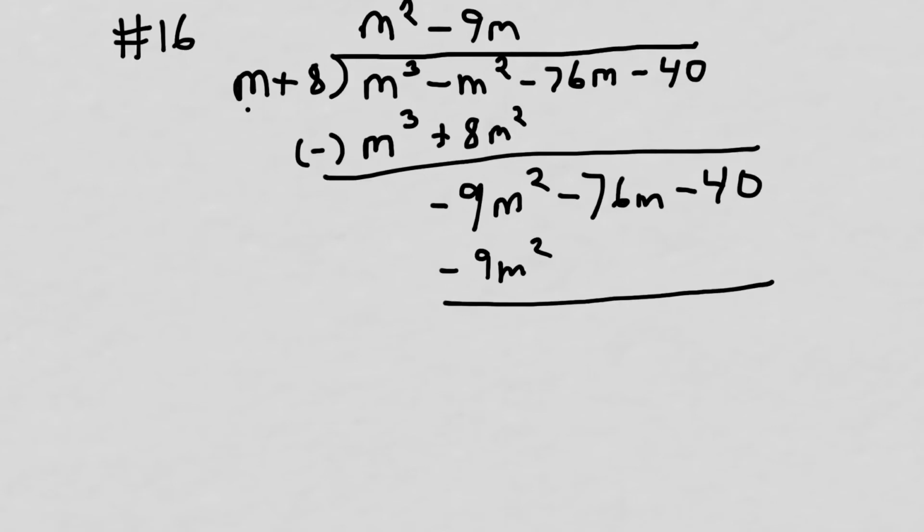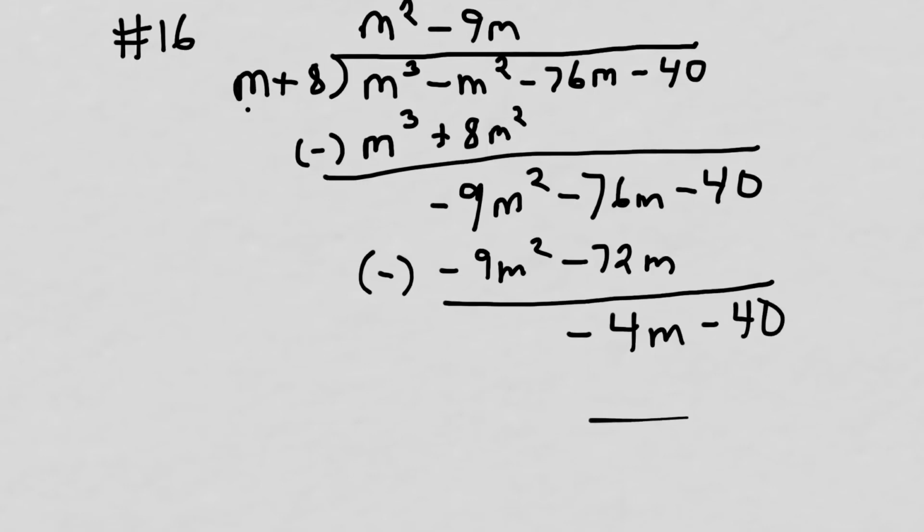If I multiply negative 9m times 8, I get minus 72m. I subtract those, right? I end up with minus 4m minus 40.